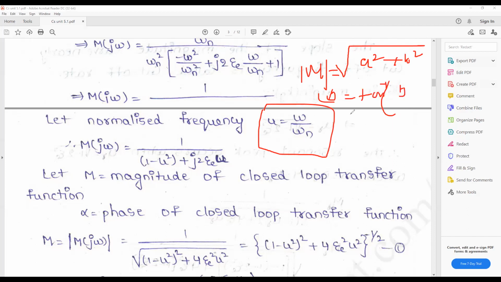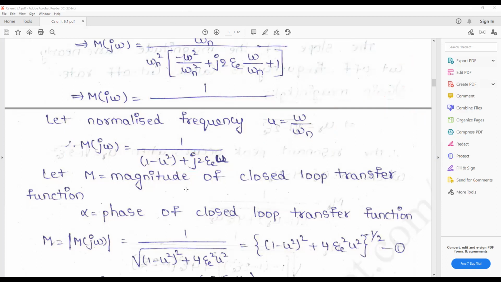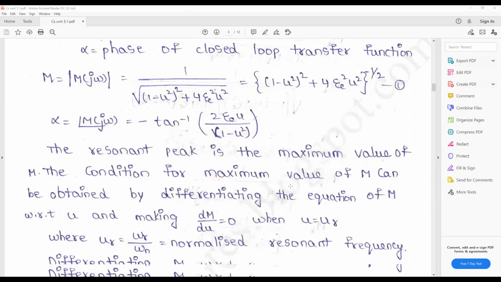So in the denominator, a plus j into b, you find the magnitude as the square root of a square plus b square, and you calculate the phase angle as tan inverse b by a. Okay, so this is the process of finding the magnitude and phase angle.